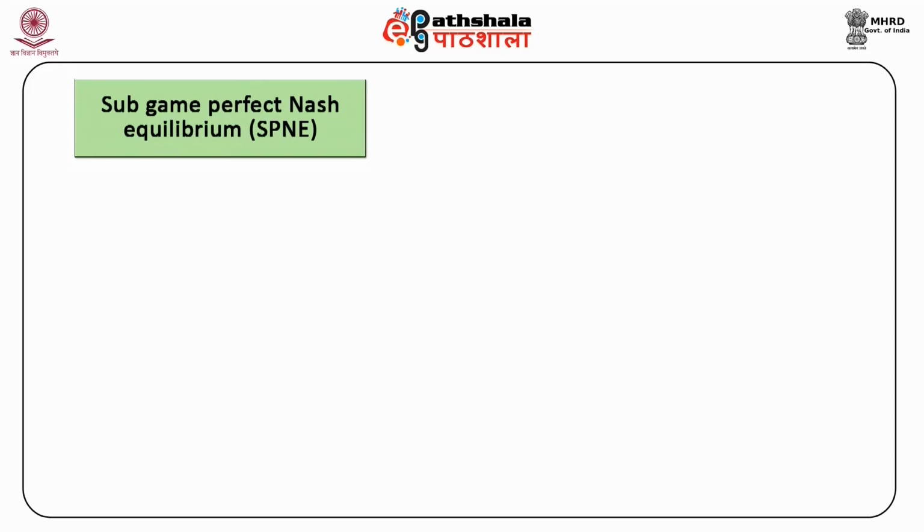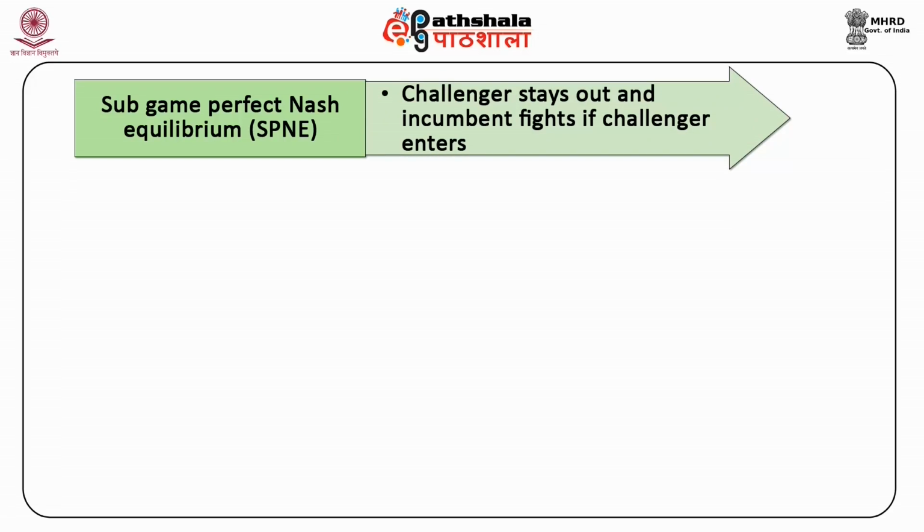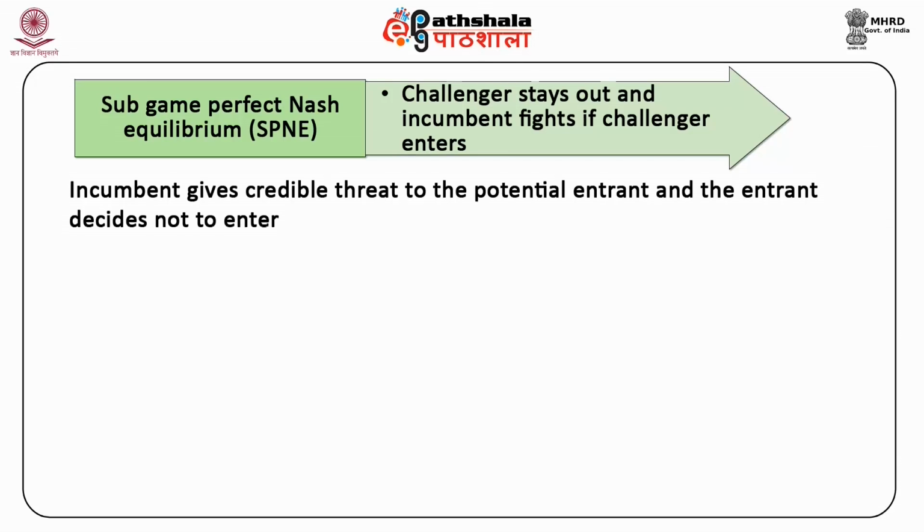Thus, the subgame perfect Nash equilibrium, denoted as SPNE, of this game is challenger stays out and incumbent fights if challenger enters. Thus, in this case, the incumbent gives credible threat to the potential entrant and the entrant decides not to enter.